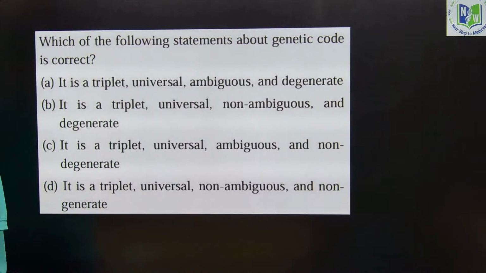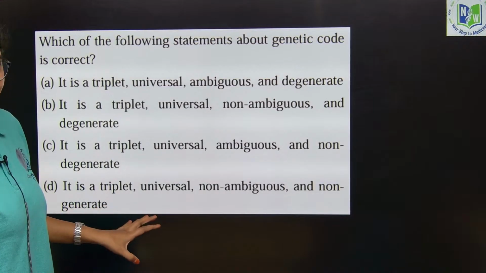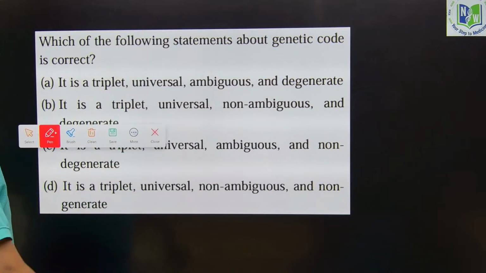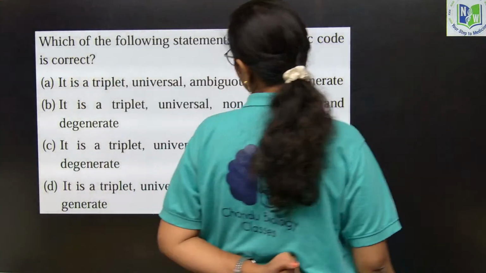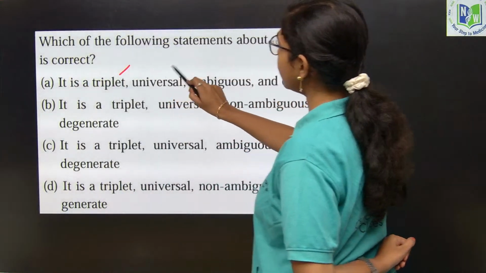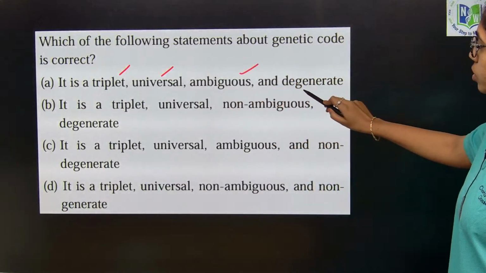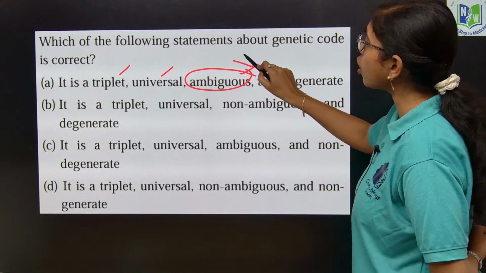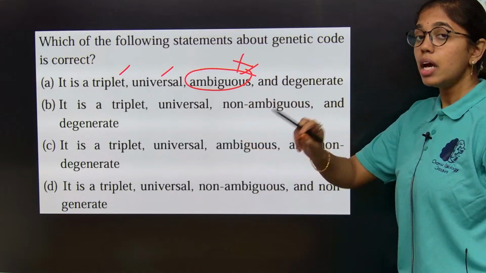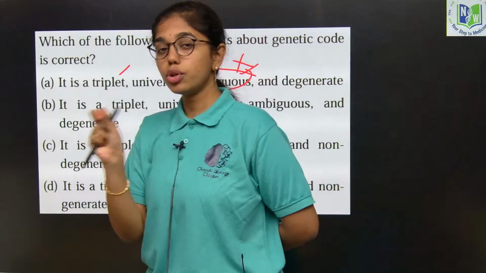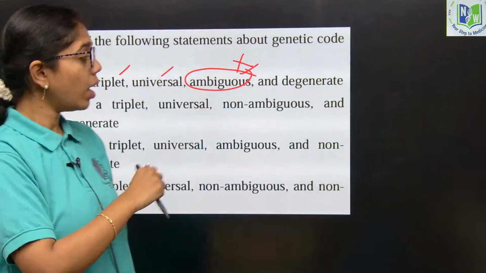Which of the following statements about the genetic code is correct? Genetic code is a triplet. Yes, it is universal. Ambiguous? No, it is non-ambiguous. It is a triplet, universally accepted. Genetic code is universal, the same in all the species.